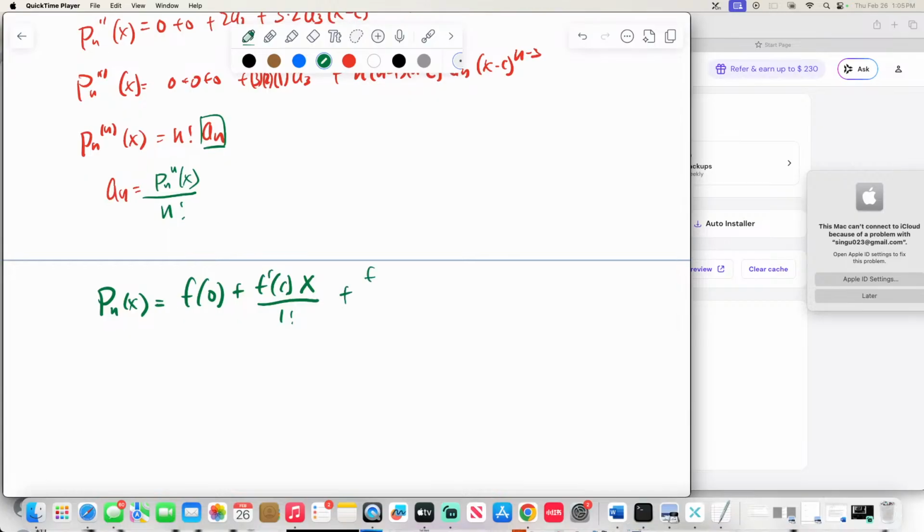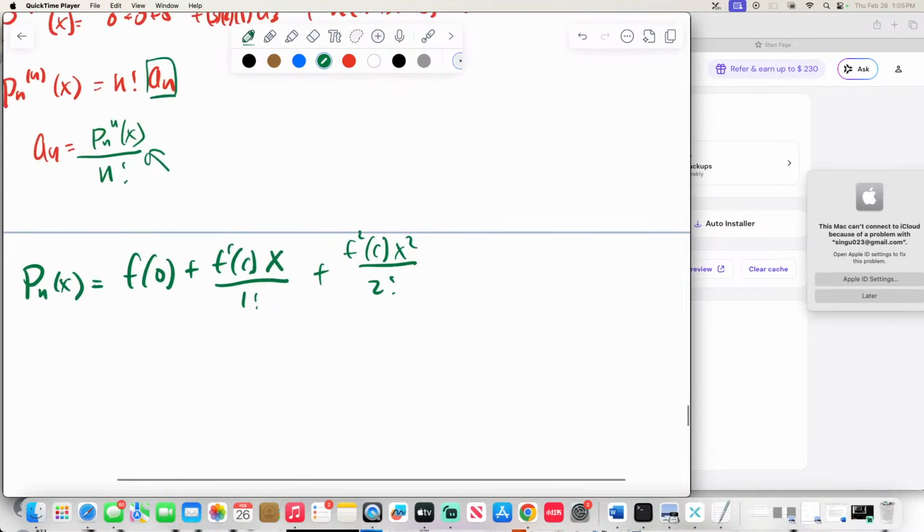Plus f double prime of 0 times x squared over 2 factorial. Does that look familiar? And plus the third derivative of f at 0 over 3 factorial times x to the third.